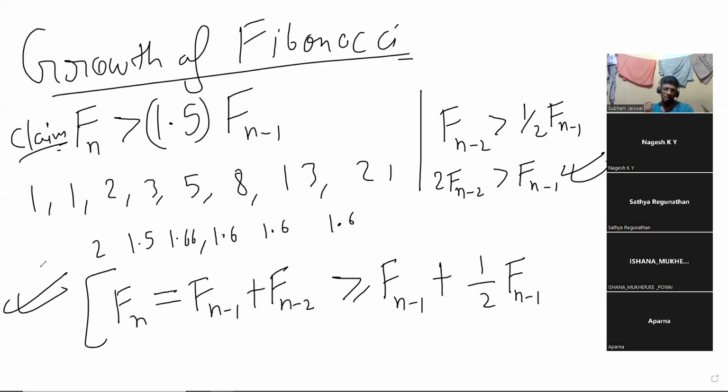You can use other things, but the homework is this: what we have done so far has not shown the 1.6 business. So the homework is to prove that Fn is at least 1.6 times Fn minus 1.